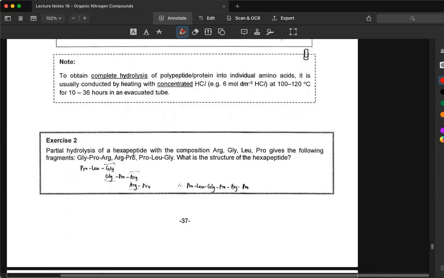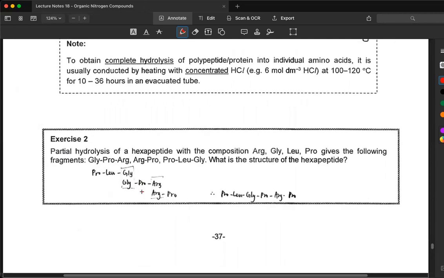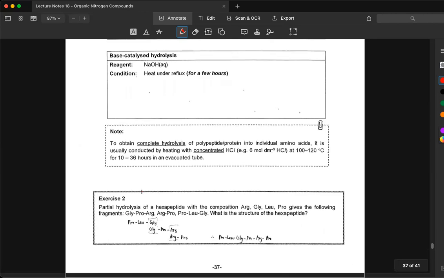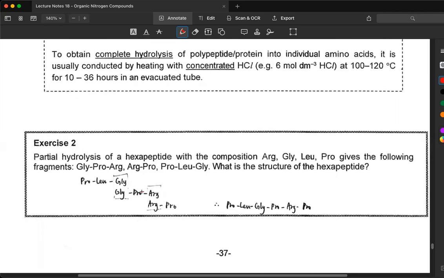Partial hydrolysis of the hexapeptide with the composition gave the following fragments. What is the structure of the hexapeptide? How to go about doing this: these are the fragments, Gly, Pro, Arg. So you find those that are common.